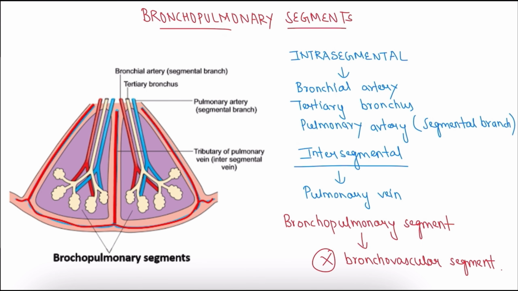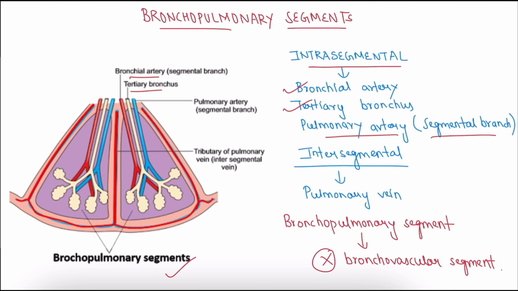Now moving on to the details of the bronchopulmonary segment. As we can see in the image, we can see two bronchopulmonary segments, and in the intrasegmental we have the bronchial artery, tertiary bronchus. As we know, the bronchopulmonary segment is aerated by the tertiary bronchus, and we have the pulmonary artery segmental branches.